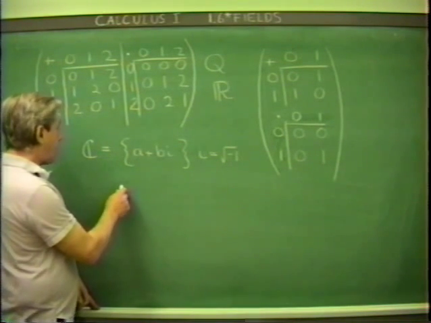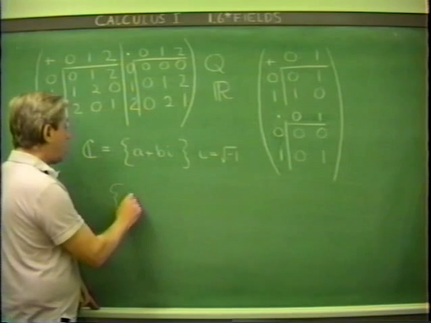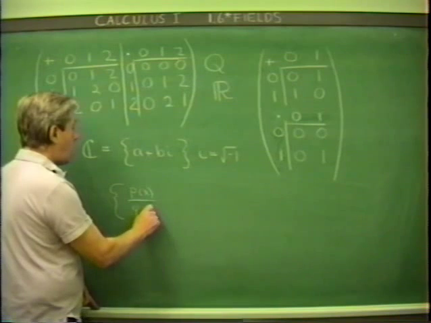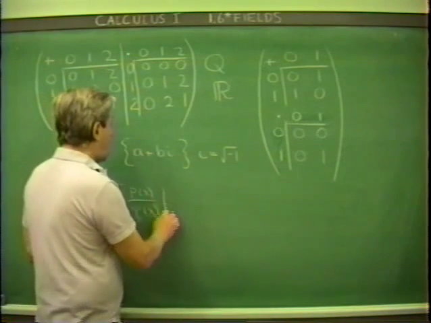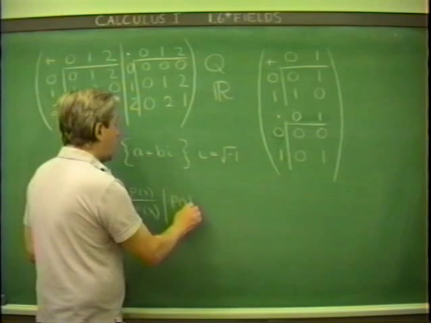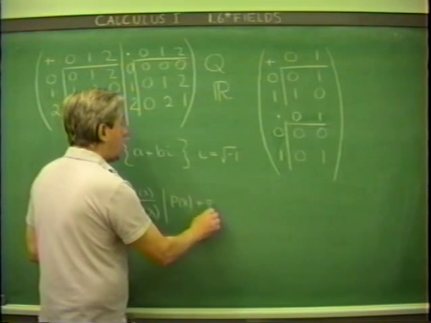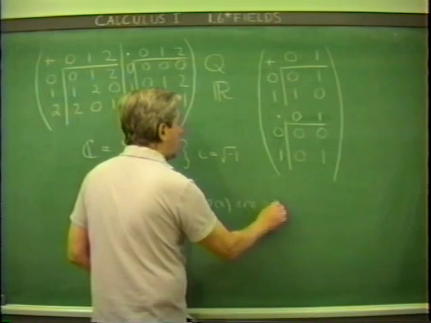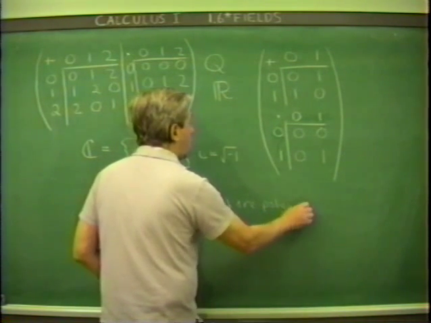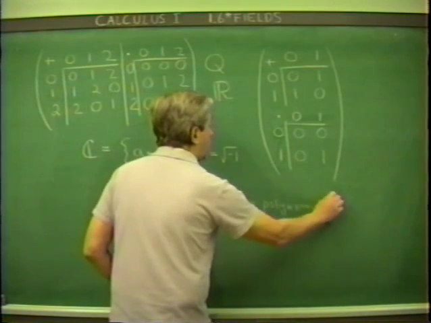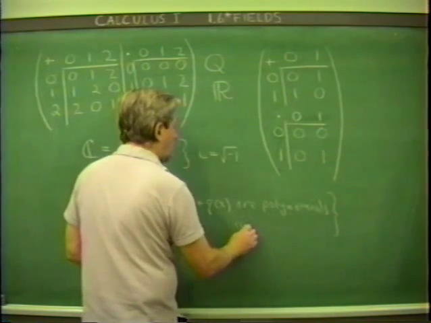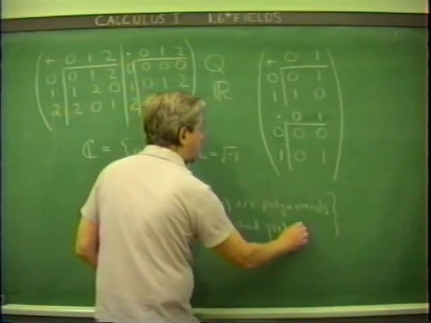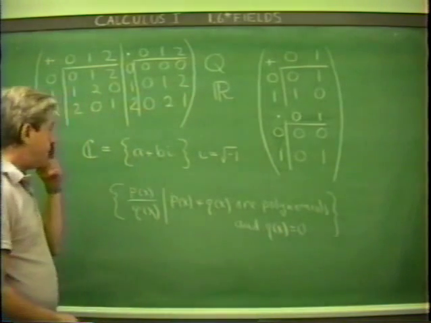There are additional fields. Let me give one more example. The collection of all P of x divided by Q of x, where P of x and Q of x are polynomials, and Q of x is not 0.